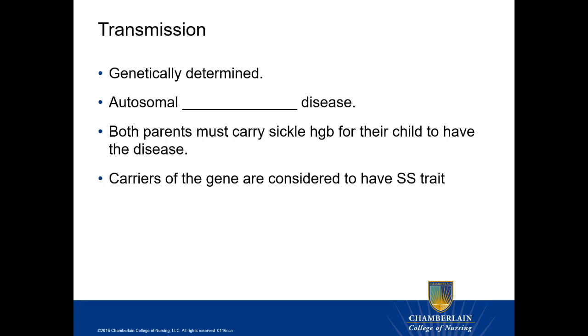These parents may get very lucky, and each parent may only ever give the normal gene to their children, or they may get very unlucky and give the abnormal gene to every child. Okay? But both parents must have the gene in order for their child to have the disease. If a person is a carrier of the disease, they only have one gene, and that's considered sickle cell trait.